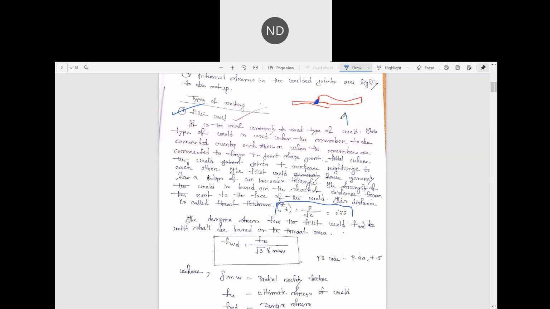If you enlarge and see, let me take this annotation.